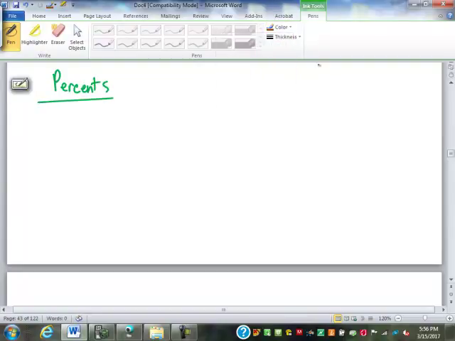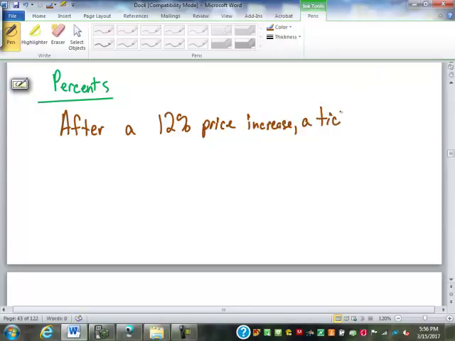Let's say that after a 12% price increase, a ticket now costs $728.